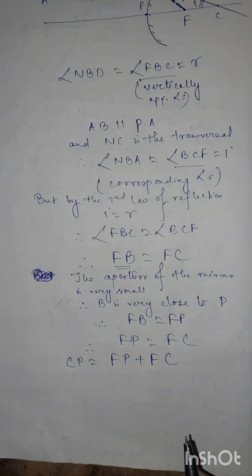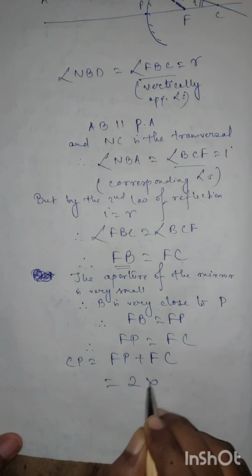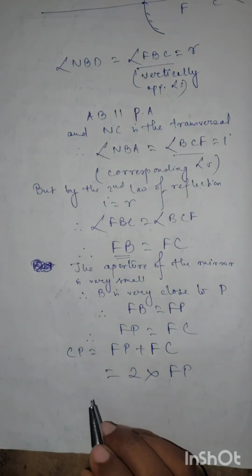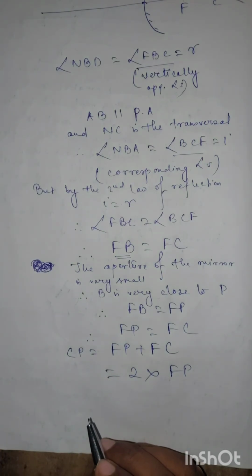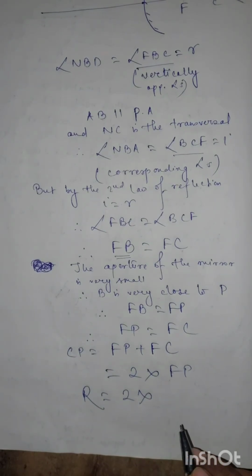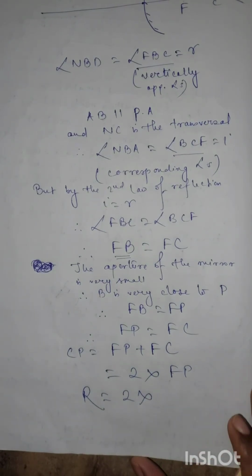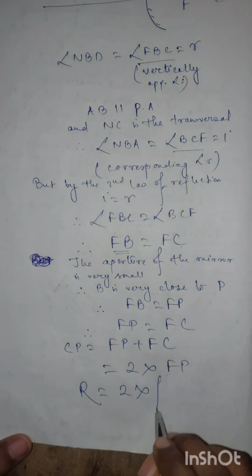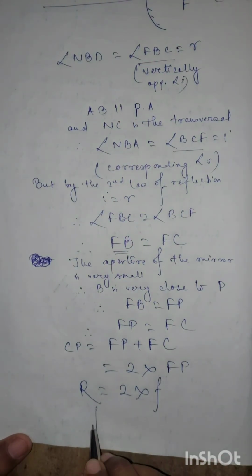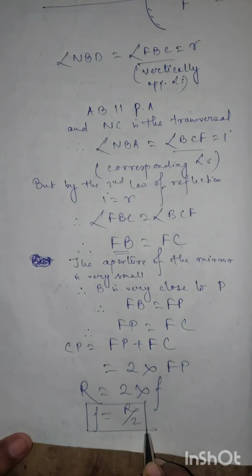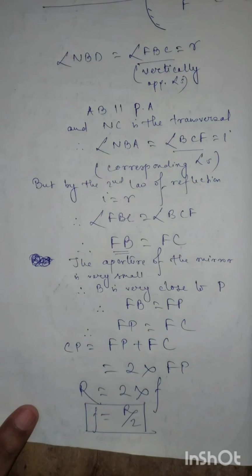That is why we can write 2 into FP. In place of CP, which is actually the radius of curvature, R is equal to 2 into FP, and FP is the focal length. So we can write small f. So f is equal to R by 2. This is proved for a convex mirror.